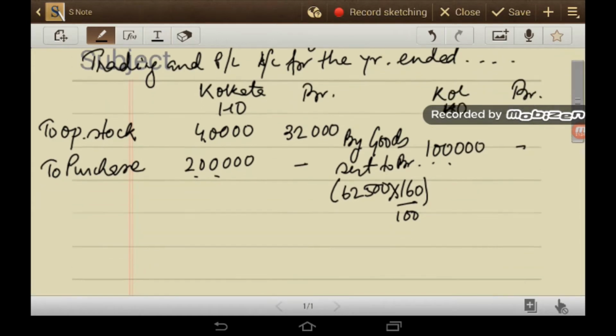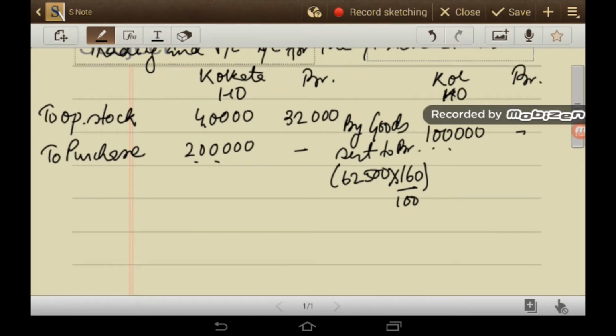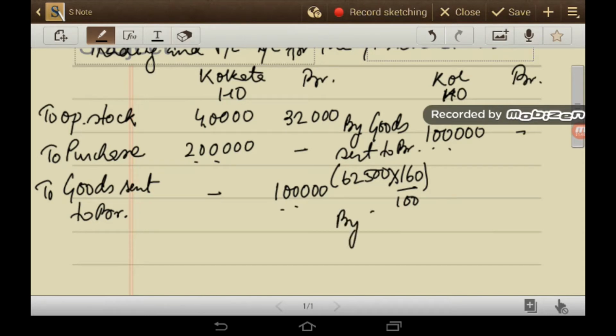Now the same amount will be received. So goods sent to branch, in the branch column we are writing here 1 lakh. But the goods received by branch is only 96,000. So there are goods in transit.